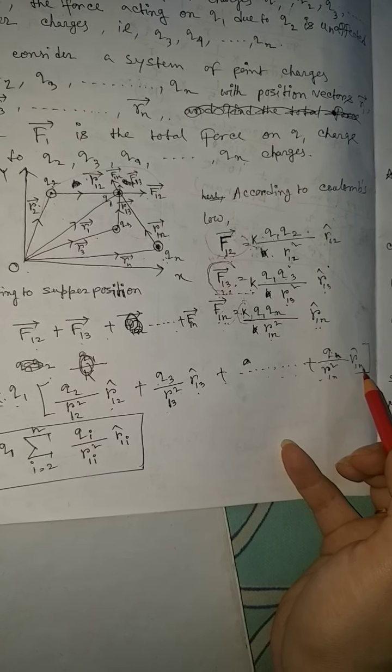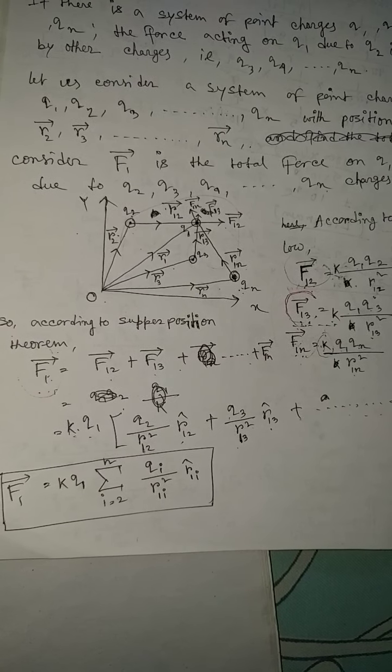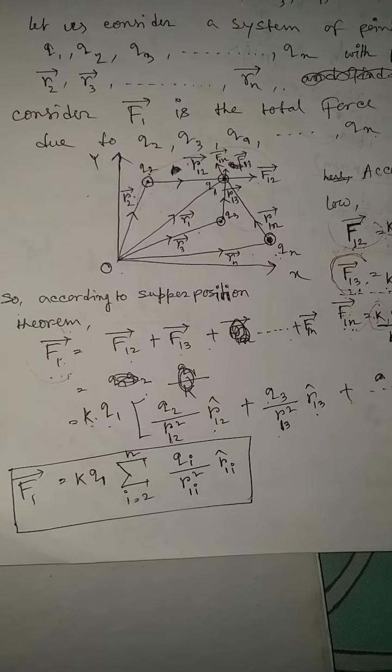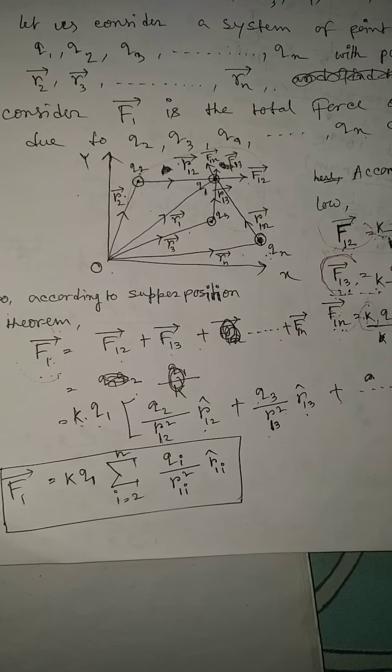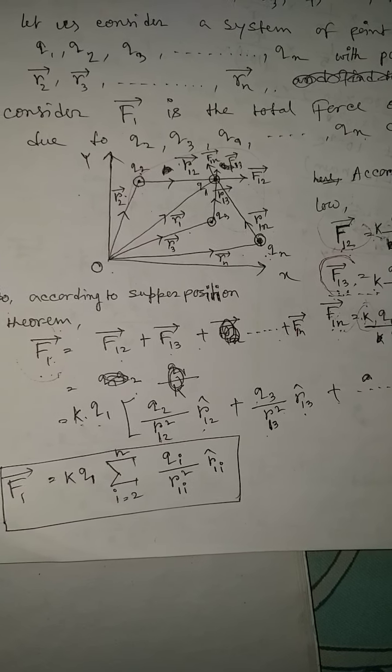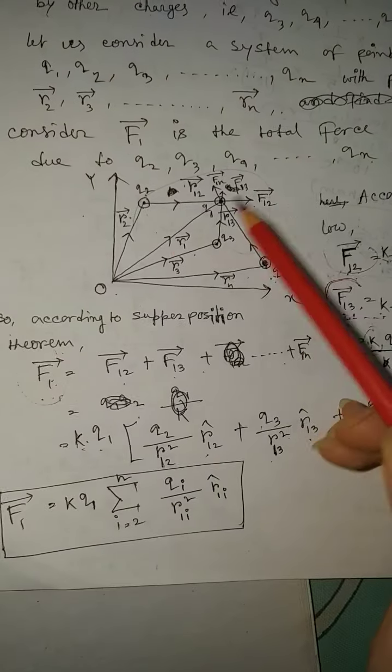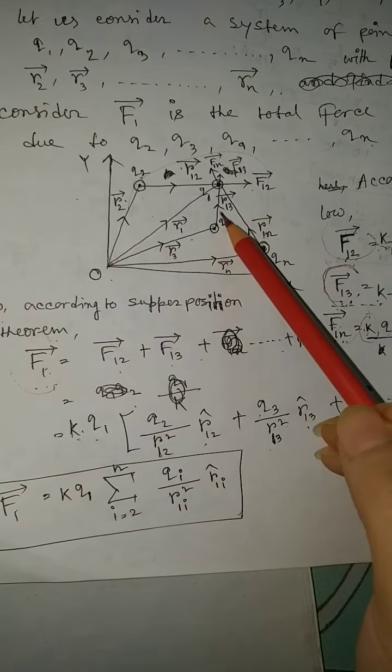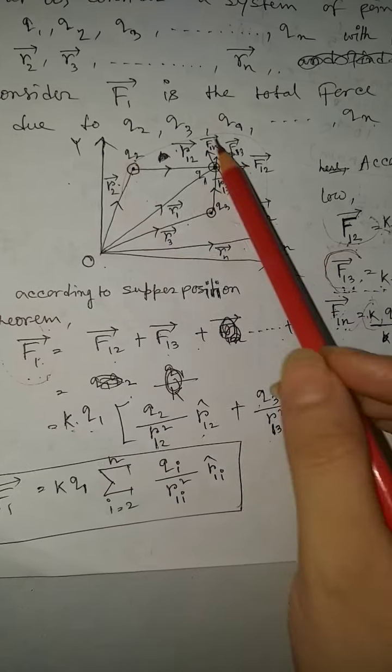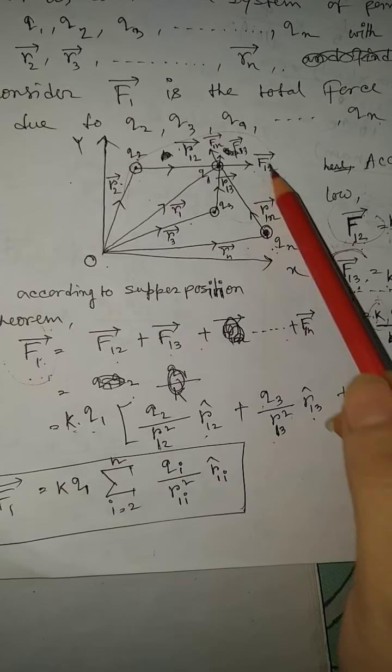For discrete charges we can use summation, or for a continuous charge distribution we use integration. Here the charges are discrete; this is not a continuous charge distribution.